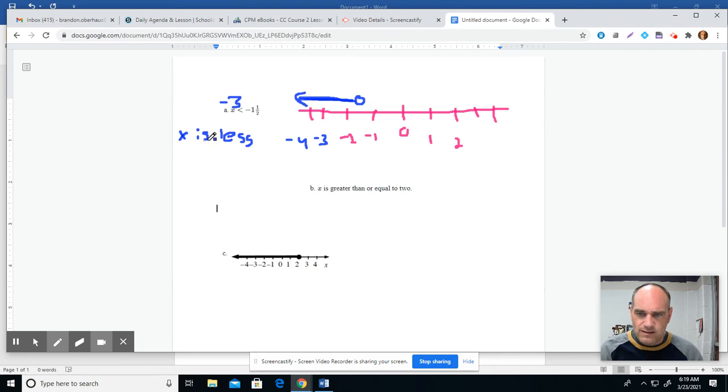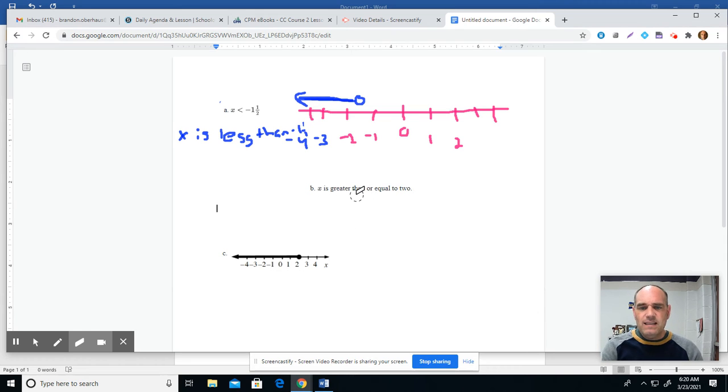You need to write this whole thing out. So we've got our symbols, we've got our graph, and then we have our words.